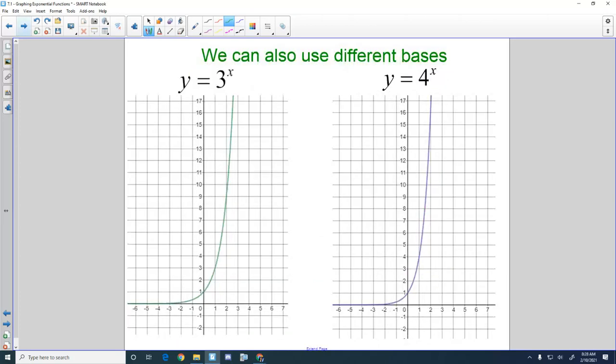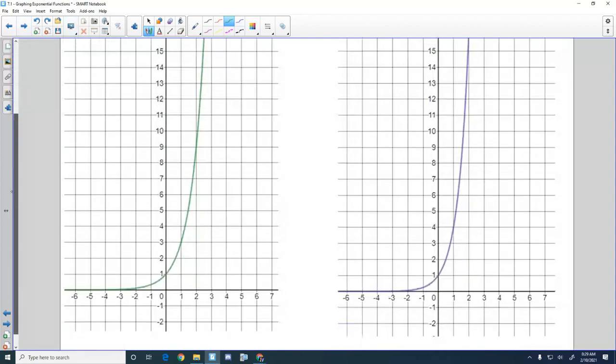Now, if we have different bases, this is 3 to the x, that one's 4 to the x. So now the base isn't a 2, it's a 3 or a 4. Do those graphs look pretty similar? For sure, they definitely do. Let me zoom in a little for you.